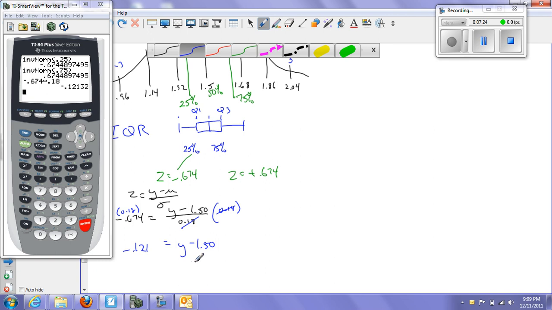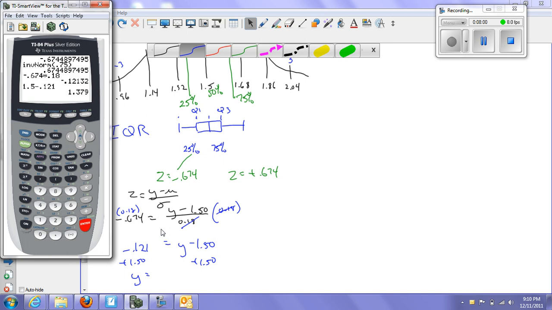I'm left with y minus 1.50, so I'm going to add 1.50 to both sides of my equation. Let's do it on the calculator: 1.5 minus 0.121.